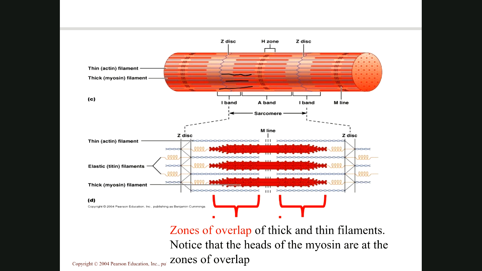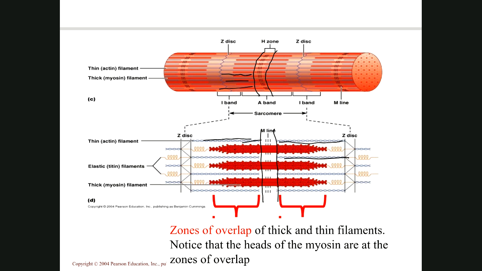And notice that the thin blue lines do not go all the way across. They kind of stop right there. Then there is a space where there are no thin filaments, and then there's another thin filament on the other side. So there's this area in the middle of the thick filament where there is no thin filament, which you can see right here and right here.